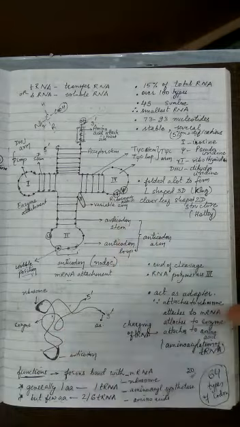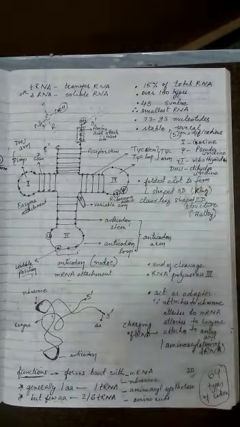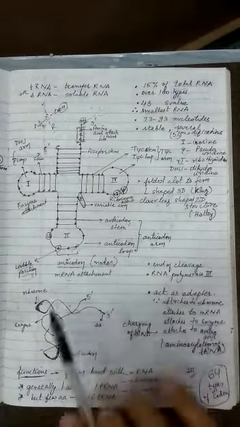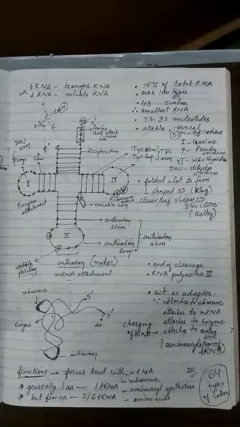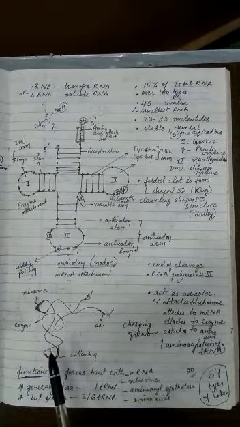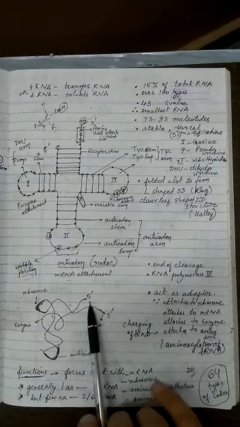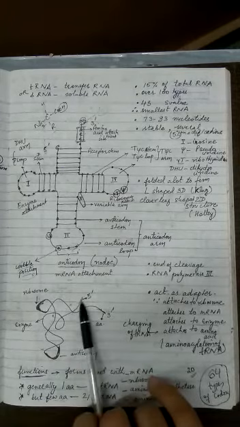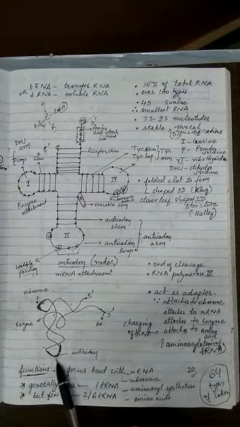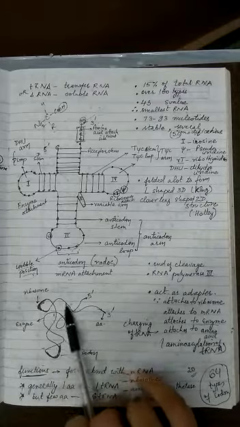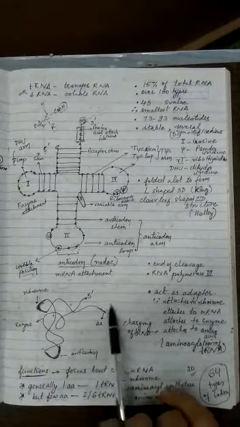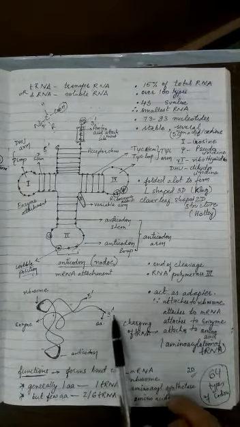I hope this whole structure is clear to you. This is how tRNA looks in 2D. Now compare this with this one. This is how tRNA appears in 3D. In 3D, this is the way it undergoes folding. So the 5' end undergoes bending like this, and finally it goes up to this much. So 5' to 3'. This is the place where the amino acid attaches.